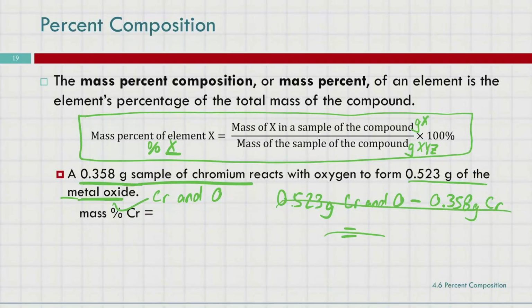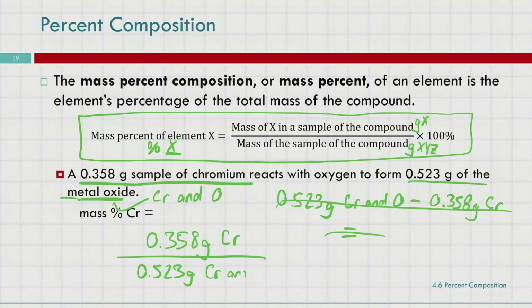Oh well. So we've got the percent chromium, we're taking the mass of the chromium. Imagine setting up a problem so that it's convenient to solve. We're going to divide that by the total amount, the 0.523 grams of chromium and oxygen.